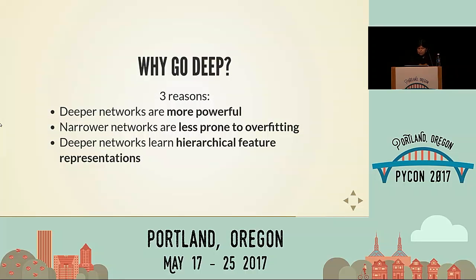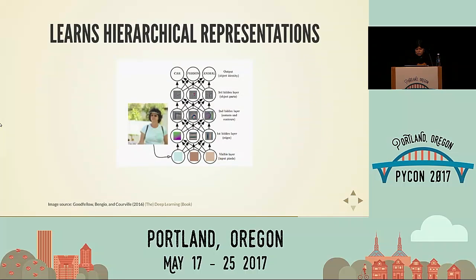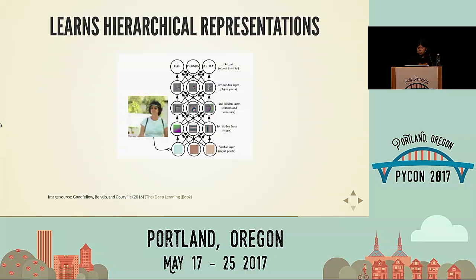OK, on to the third reason. And this is probably the most important reason for going deep. So deep networks learn hierarchical feature representations. We can see this most clearly when we look at the kinds of neural networks that are used in image classification. We input the pixels and get out a determination of the object seen in the image.